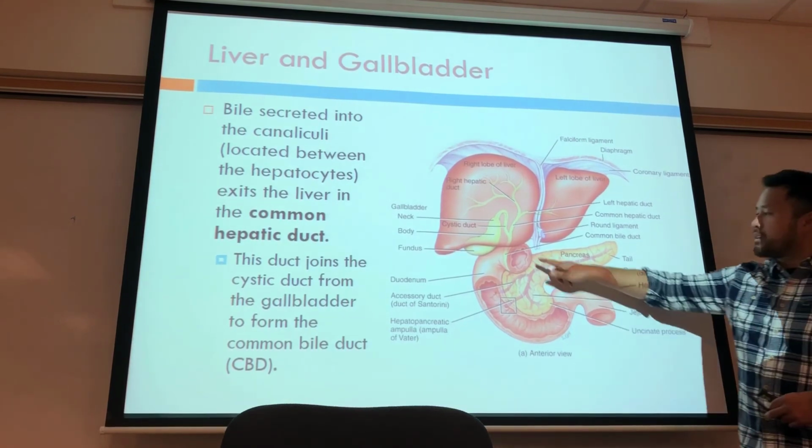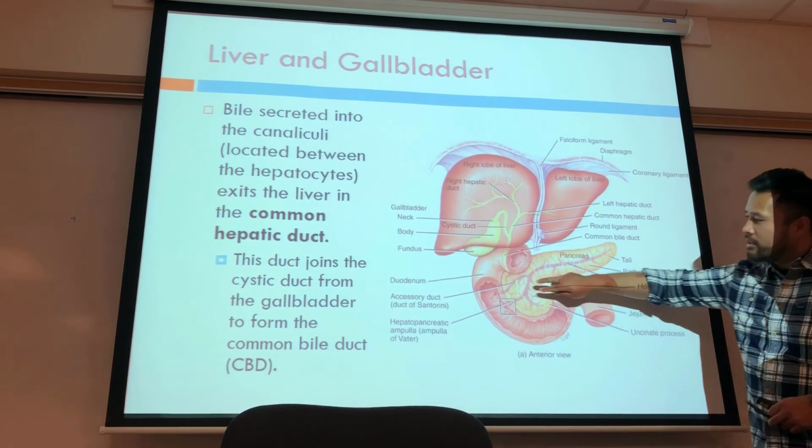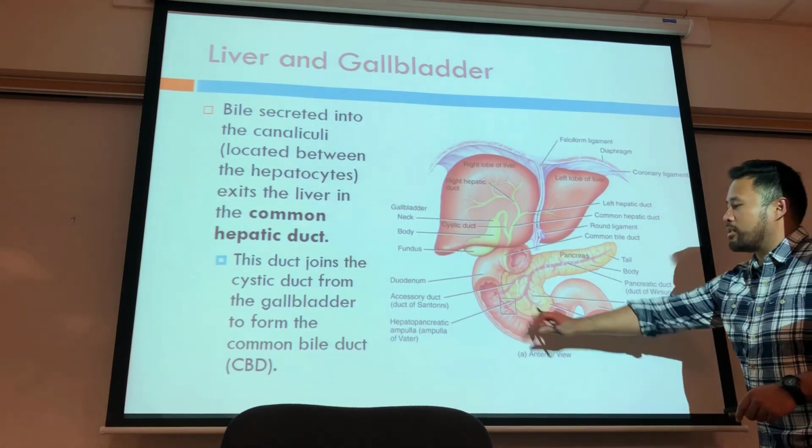The common bile duct then merges with the pancreatic duct to create what's called the hepatopancreatic ampulla. So with that, we see the process of where bile is dumped into the duodenum.